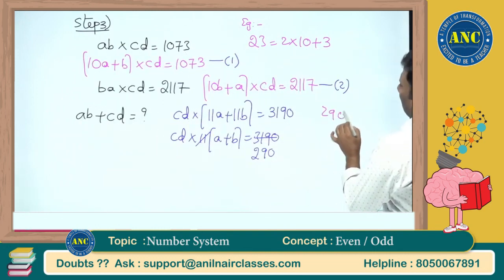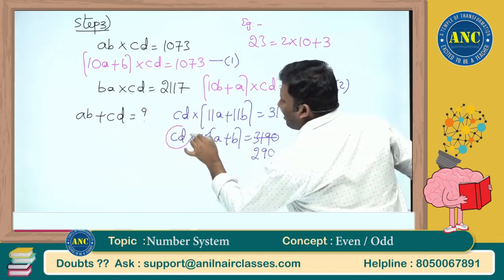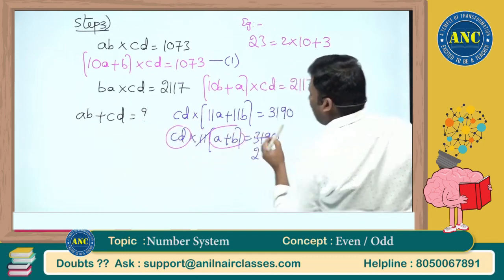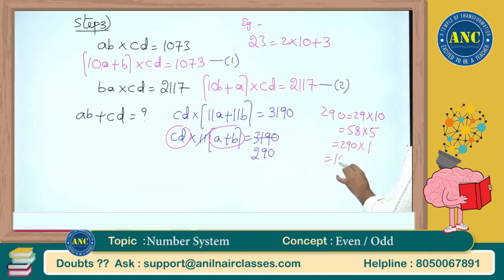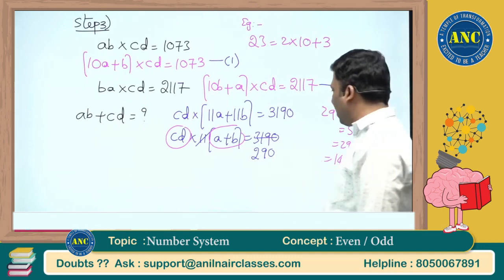If I take 290 as one value and another value, let us try to split it: 29 into 10, 58 into 5, 290 into 1, 145 into 2. What are the factors? 1, 2, 5, 10, 29. These are the ways you can split it.